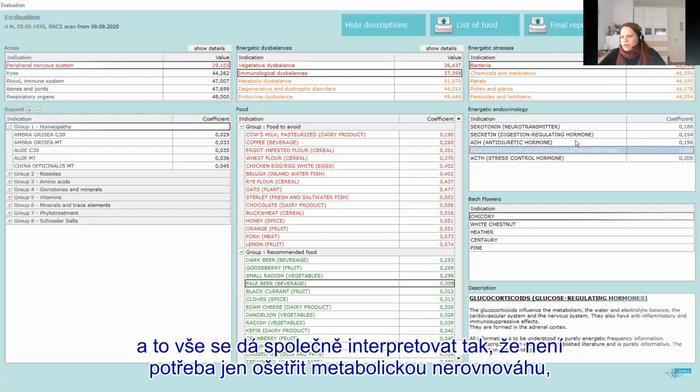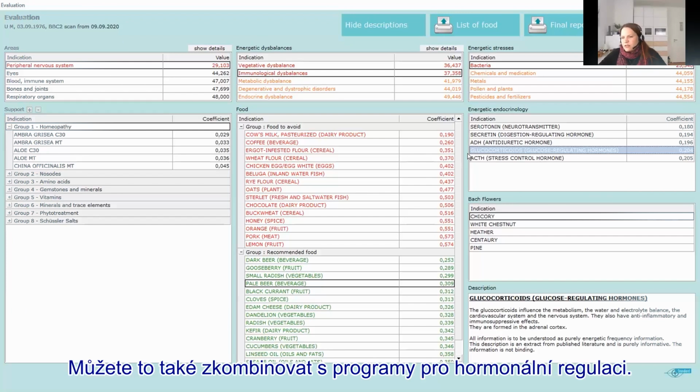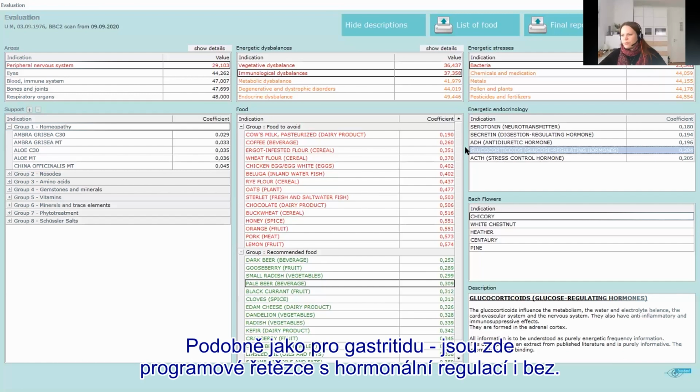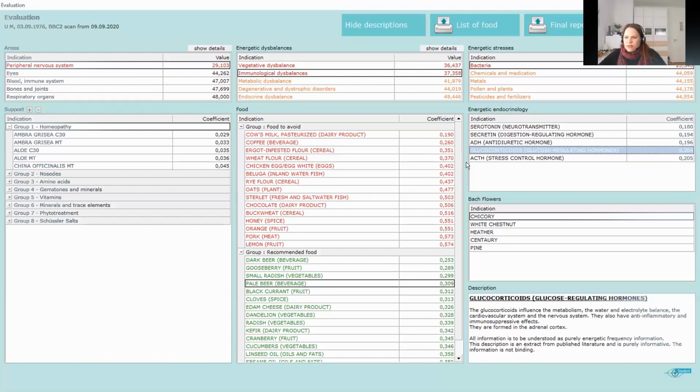So you could interpret that you don't only treat the metabolic disbalances and the inflammation process in the intestine, but you can also combine it with a hormone regulation program. For example, when you have the gastritis program sequences, you have some sequences with hormone regulation and some without. So in this case, I would use a gastritis program with hormone regulation. So this is the endocrinology.